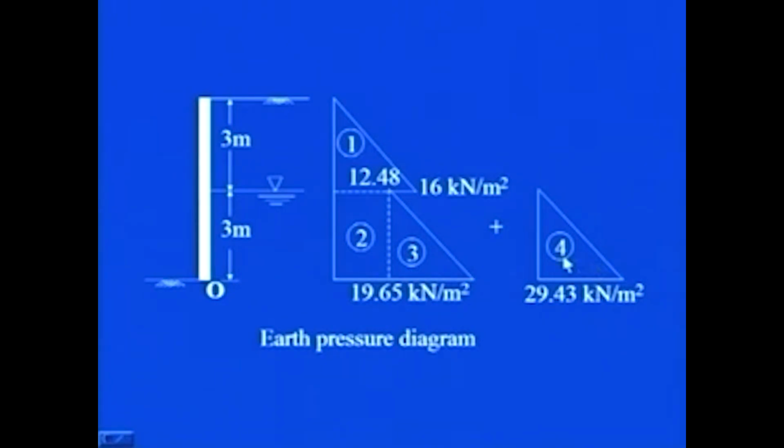So we know all the forces and their line of action, and combining all 4 of them together, we can find out the resultant force and its line of action.